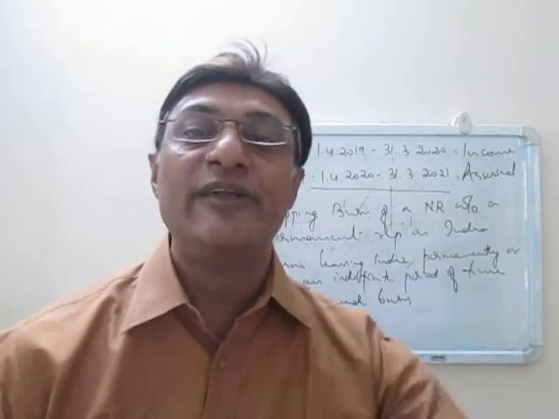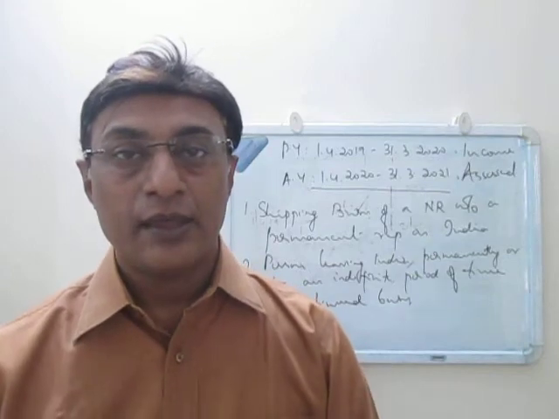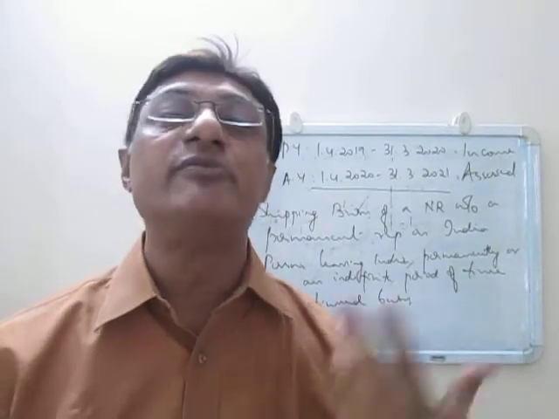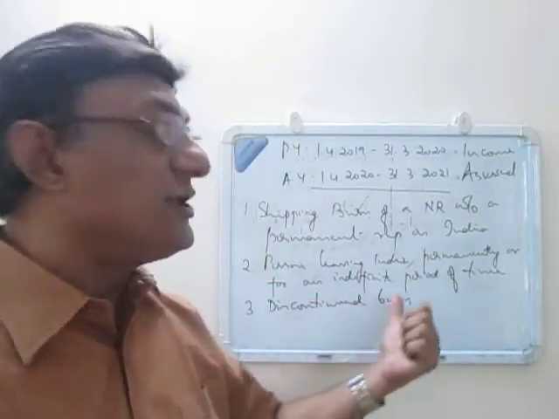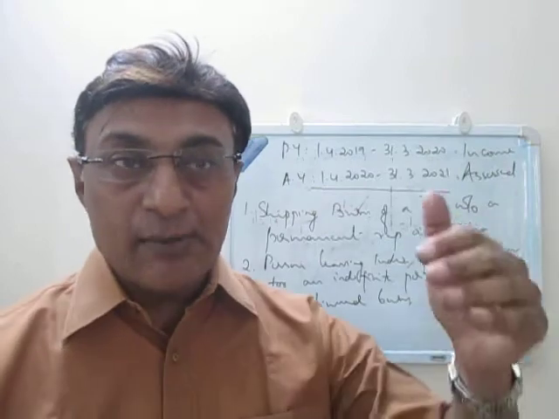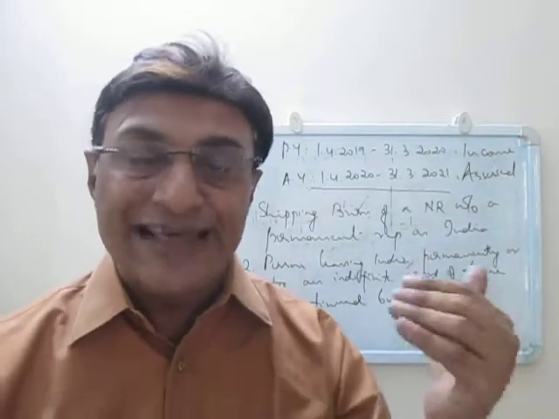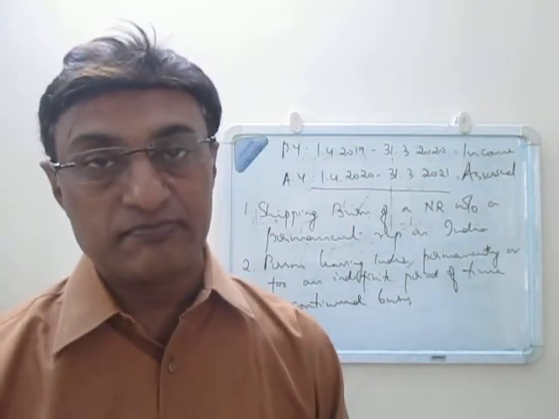I cannot afford to wait for the assessment year to start. Let's finish the assessment. So sometimes the assessment is over even before the assessment year starts. So here, discontinued business, discontinued source of income of that previous year in which the event happens, is taxable in the previous year itself.